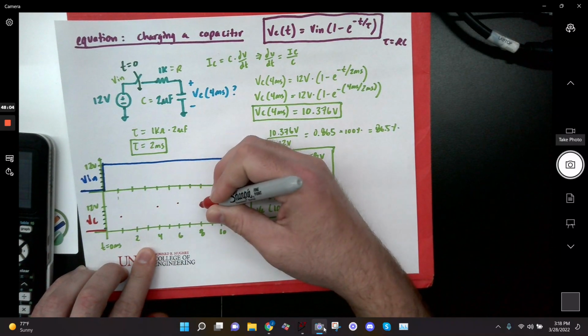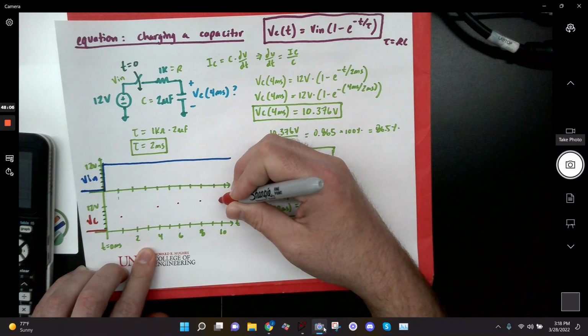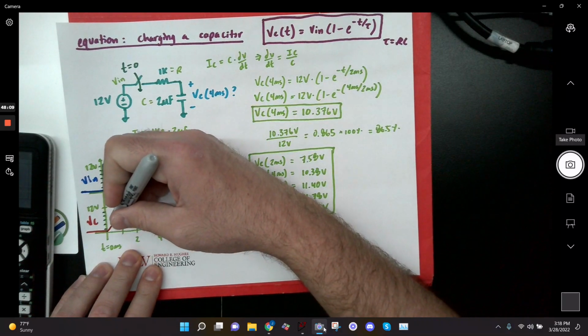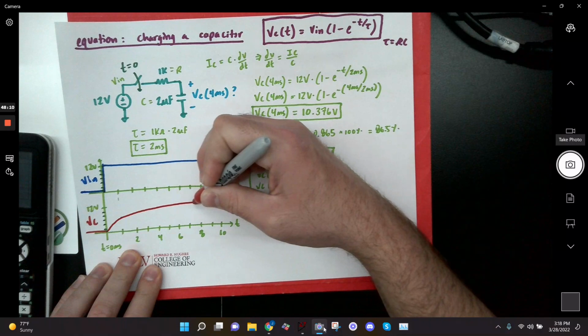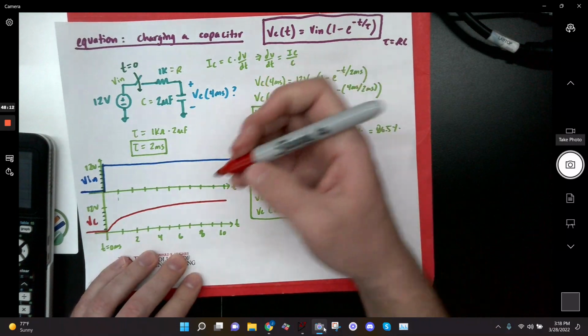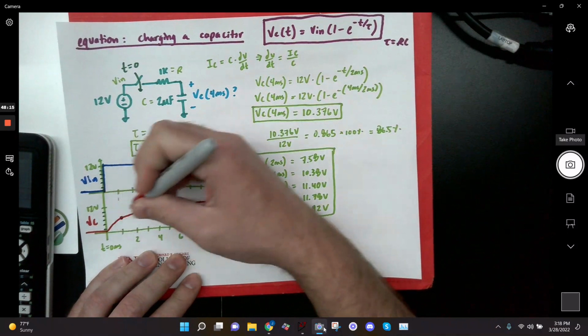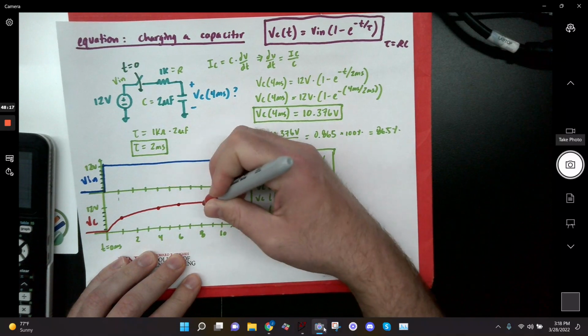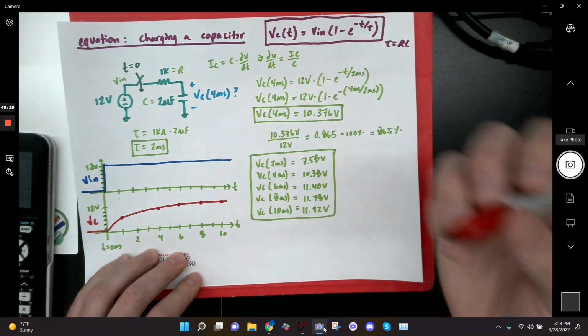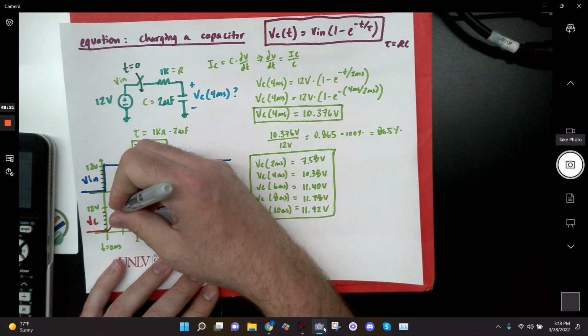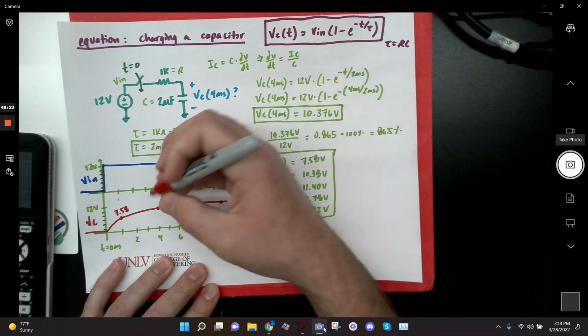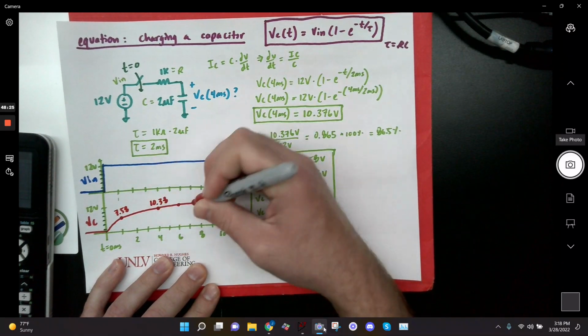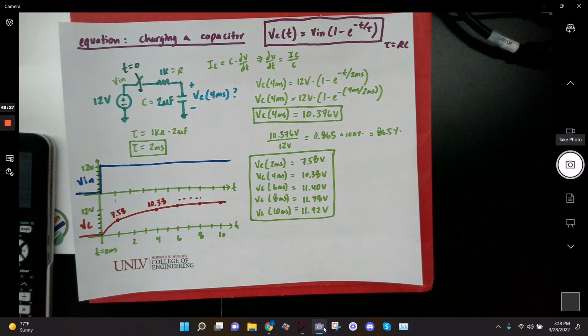At 6, it's a little higher. At 8, it's a little higher. So it's something like this. And so you could go ahead and write these voltages if you wanted. I think it'd be best. Is it clear what's expected on the homework?